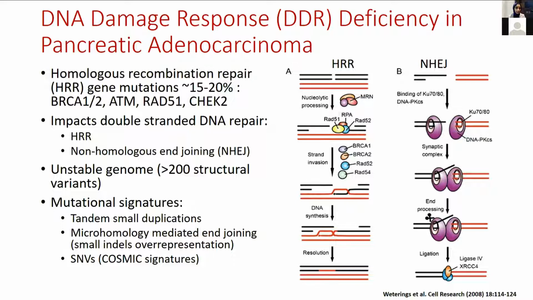These are main proteins in the homologous recombination pathway, and this pathway impacts double-stranded DNA repair, and any double-stranded DNA damage would be repaired by this pathway, as well as another pathway which is called the non-homologous end-joining pathway. This is a less efficient pathway in repairing damage and is error-prone.